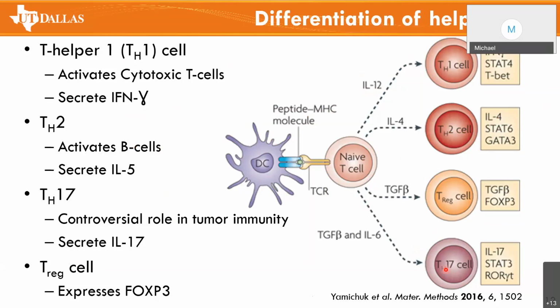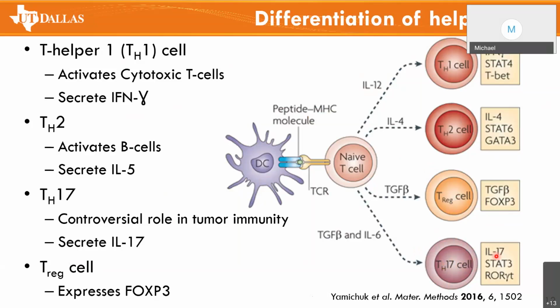Th17 is pro-inflammatory. It's inflammatory as well, just like Th1. There's a lot of confusion of how it works because it works a lot with T regulatory cells, which are supposed to be suppressors.